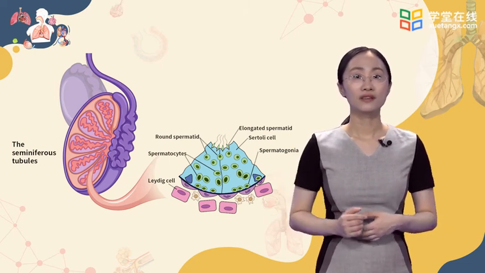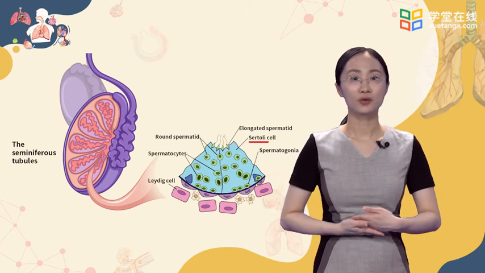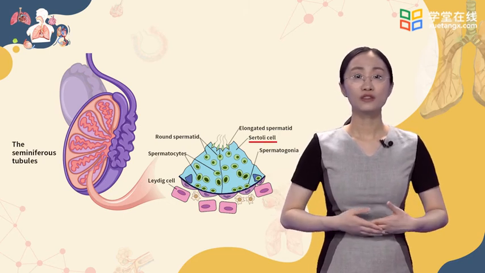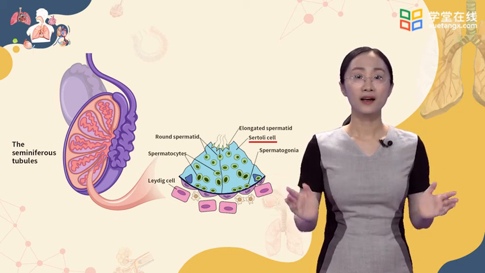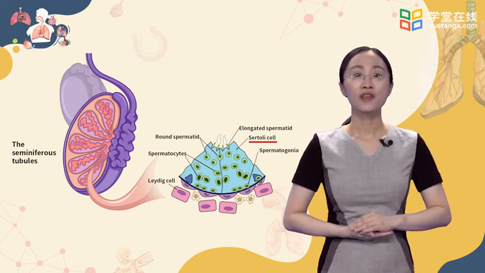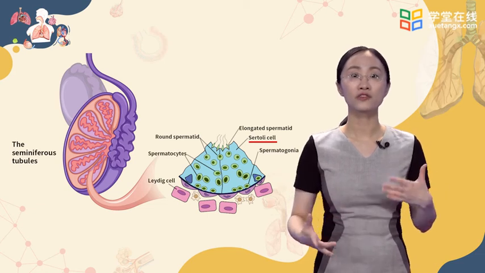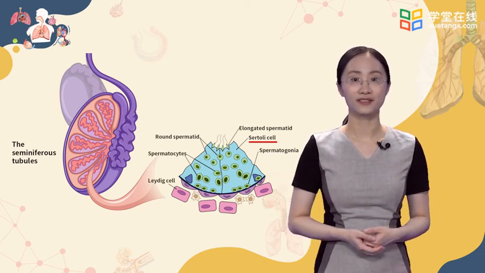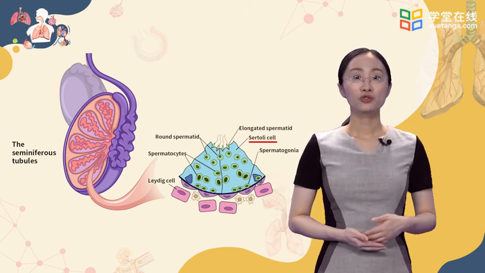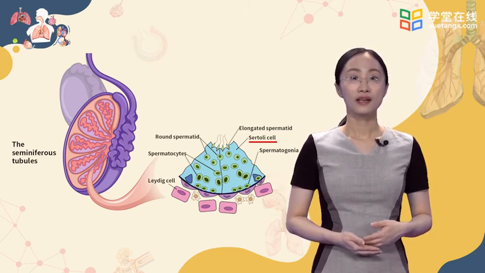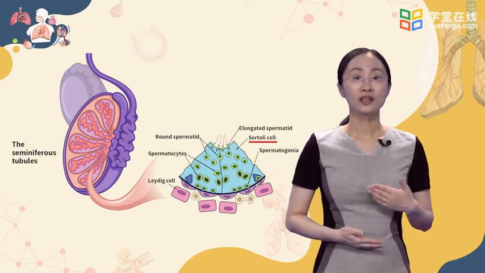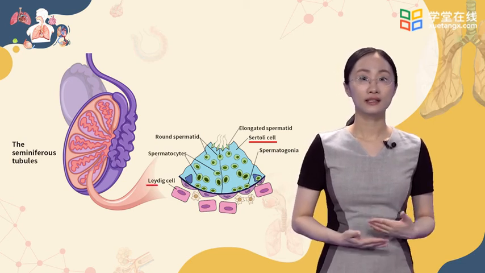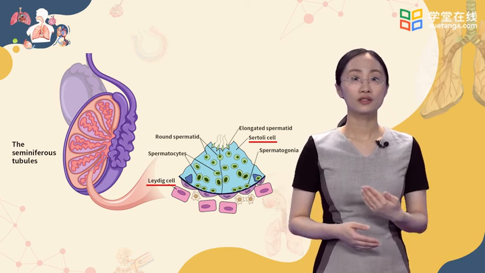The other one is the Sertoli cells. These cells provide nutrients to the developing sperms and form the blood-testis barrier that protects the germ cells from harmful influences. They also secrete two hormones, inhibin and activin. The interstitium consists mainly of Leydig cells, which secrete testosterone.